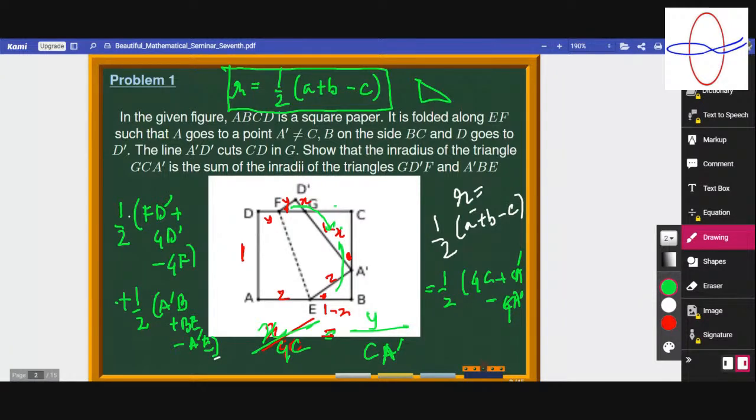Yes, the sum of dilation factors is equal to 1. So this triangle is becoming this, and this triangle is becoming this. So these sides are becoming lambda of this, and these sides are becoming alpha. So alpha plus lambda must be equal to 1, right?